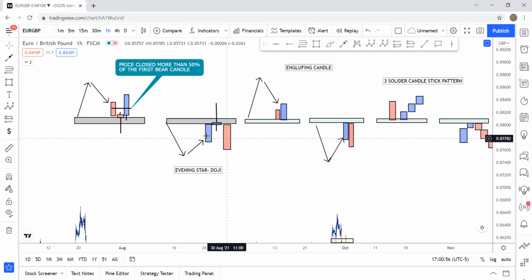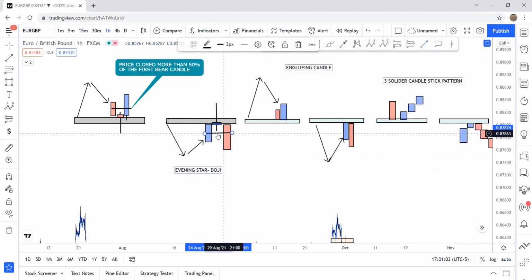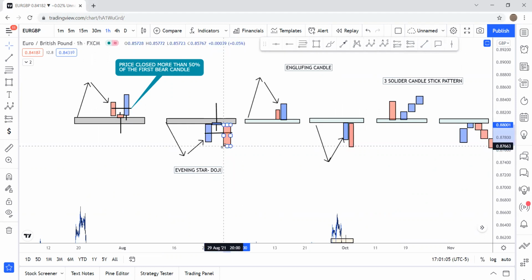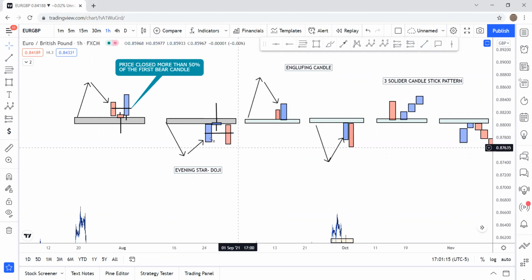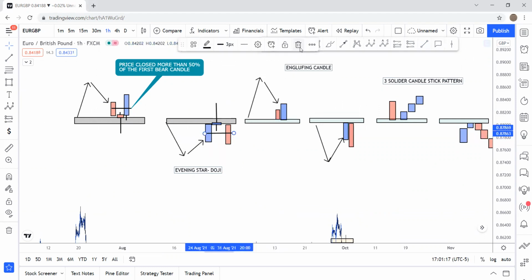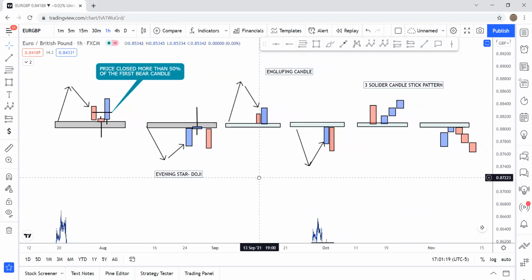The sell candle must be bigger than 50% of the second candle to the left over there, right? Even if it's not bigger than this candle to the left, it has to be more than 50% of that candle. Okay. That's the morning star doji.